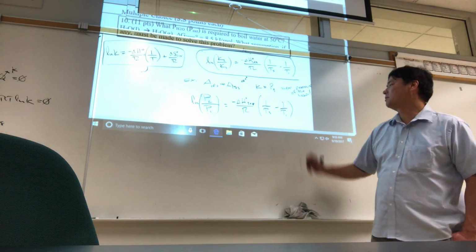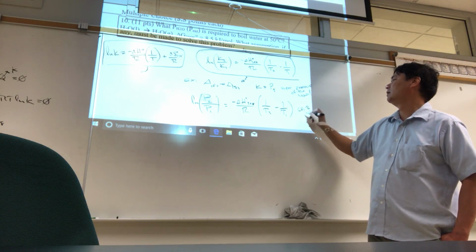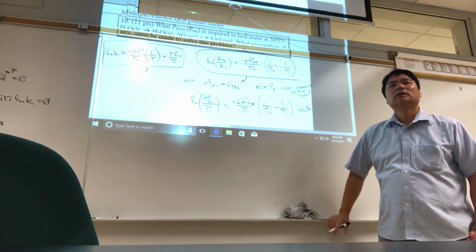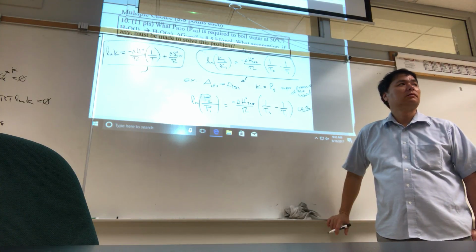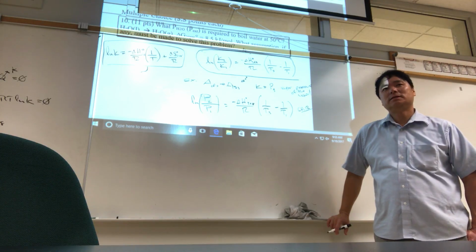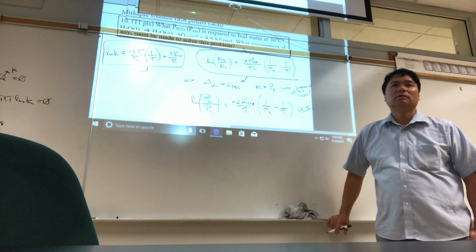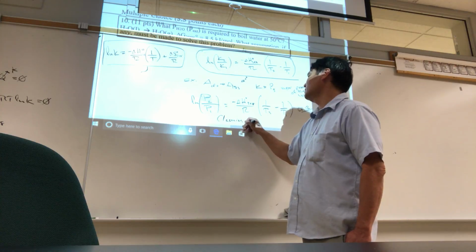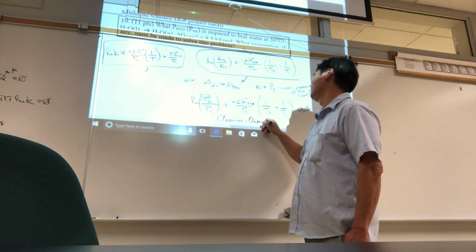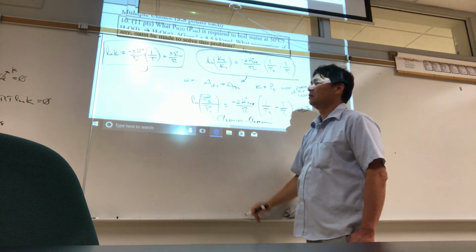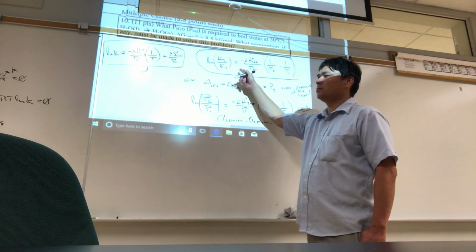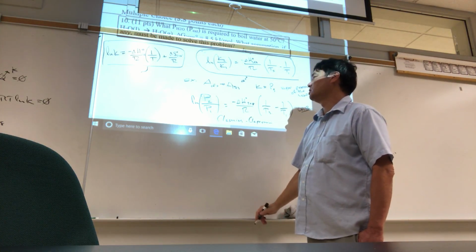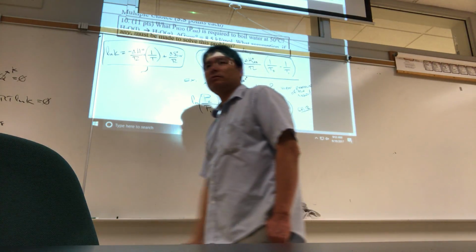This one is from chapter 12. Starts with a C. Not Charles. Clausius-Clapeyron. This is the famous Clausius-Clapeyron equation. The Clausius-Clapeyron equation just comes from this. This is one application of this equation to generate the Clausius-Clapeyron equation from chapter 12.